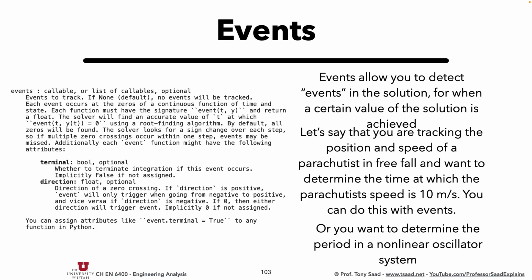Now, if you integrate for a long period of time, you could probably hit all of those events, and then you will know that, okay, event 1 occurred at t equal this much, event 2 occurred at t equal that much. Now, each function must have the signature event(t, y) and return a float. The solver will find an accurate value of t at which the event equals 0 using a root finding algorithm.